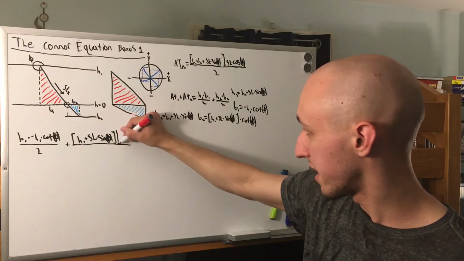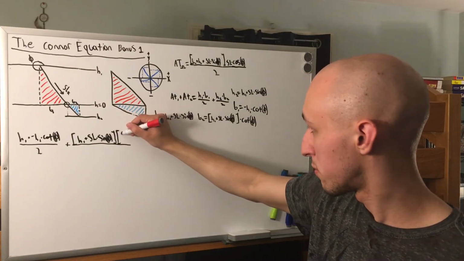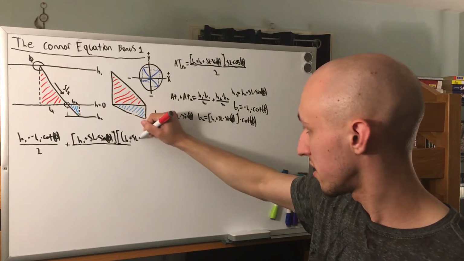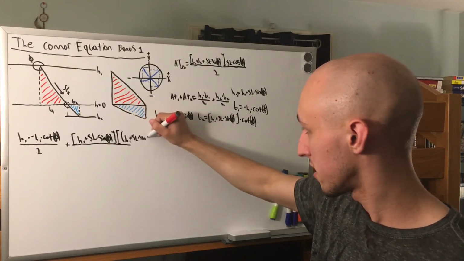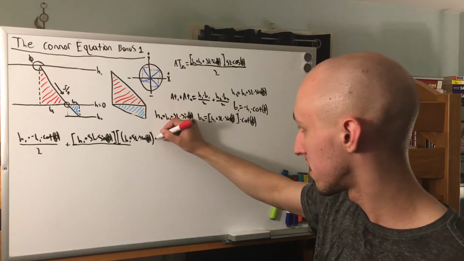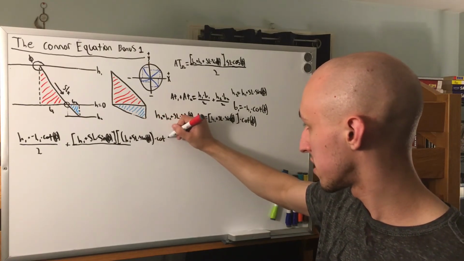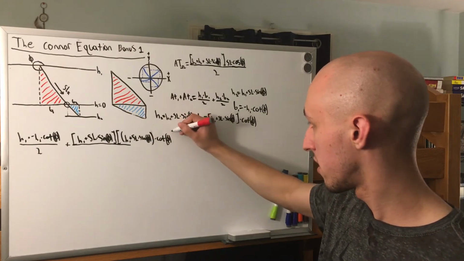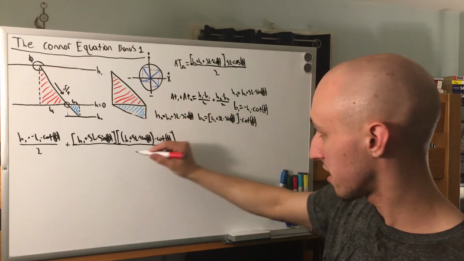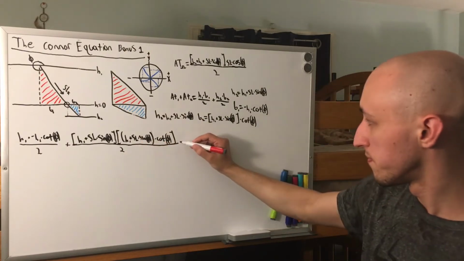Next, parentheses, h1 plus SL times sine phi, close parentheses, cotangent phi, close brackets, extend the line over 2.